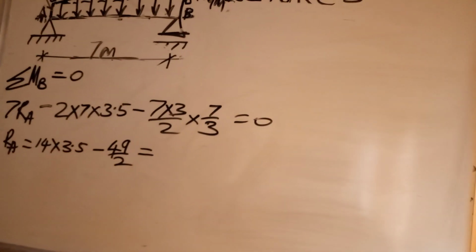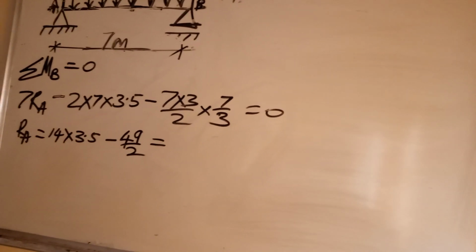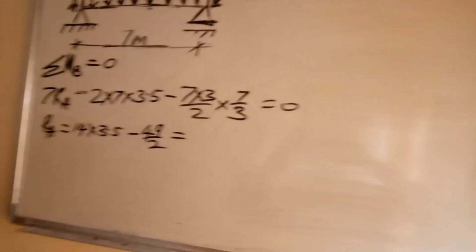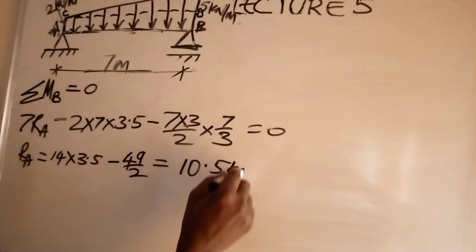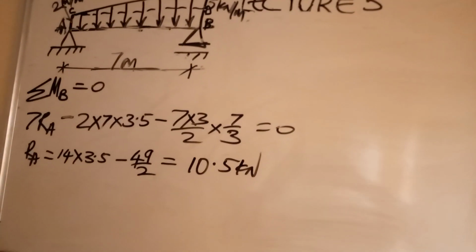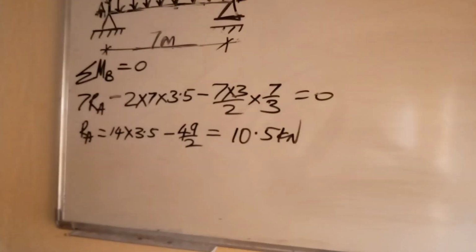The 14 times 3.5 minus 49 over 2 gave me 10.5. 10.5 kilonewton. That is RA.